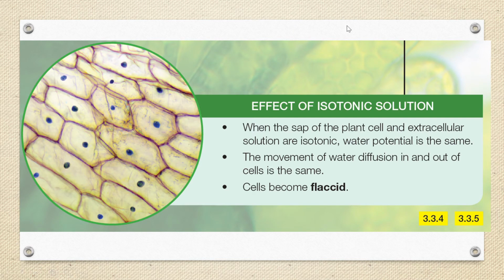Okay, the last one to describe is the effect of isotonic solution. Hopefully you still remember what the cell sap is, which is in the vacuole. When the cell sap of the plant cell, that is the inner intracellular fluid in the vacuole, and the extracellular solution are isotonic, that means the concentration in and out of the cell is the same.